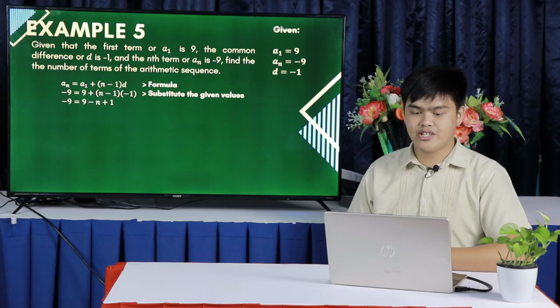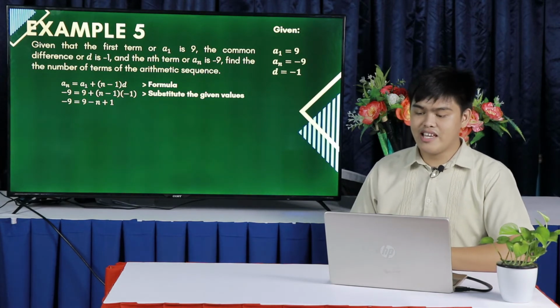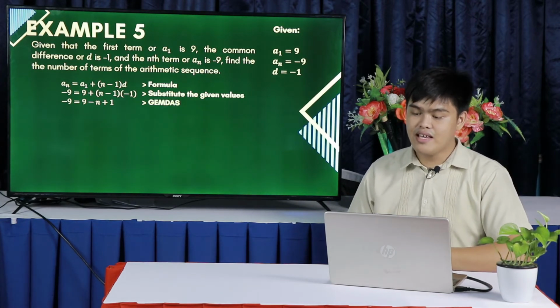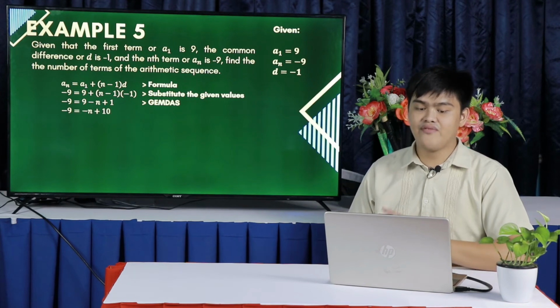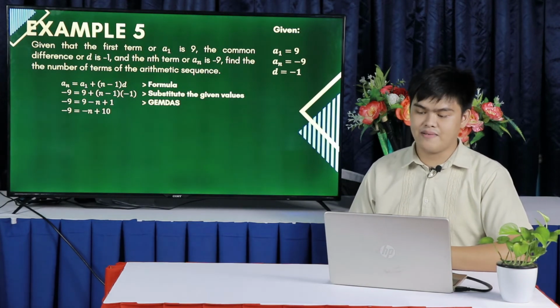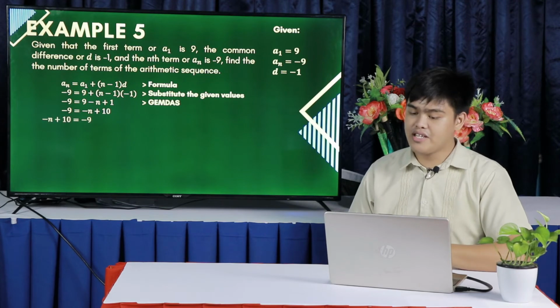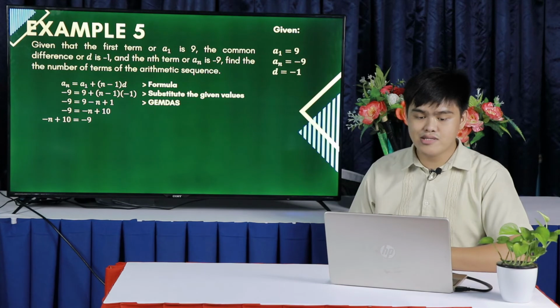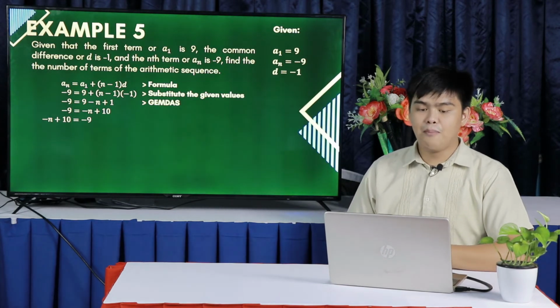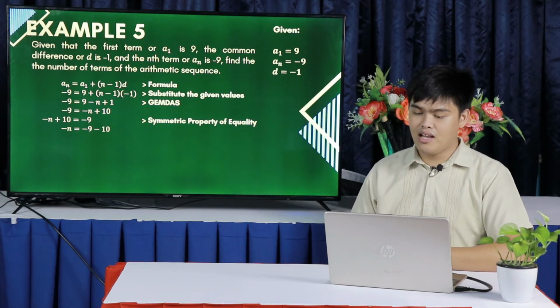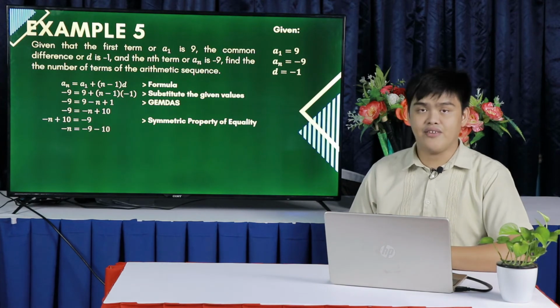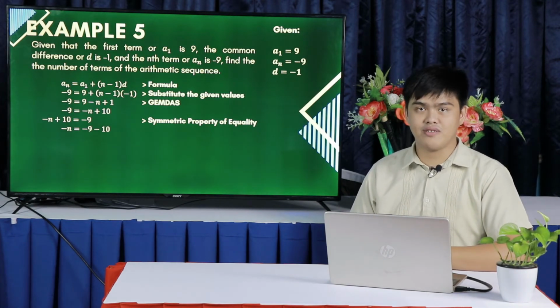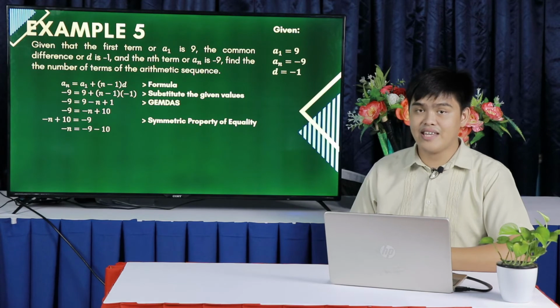We combine like terms in the equation, which then gives us negative 9 is equal to negative n plus 10. By the symmetric property of equality, we have negative n plus 10 equals negative 9. By the addition property of equality, we subtract 10 from both sides of the equation, which gives us negative n is equal to negative 9 minus 10.